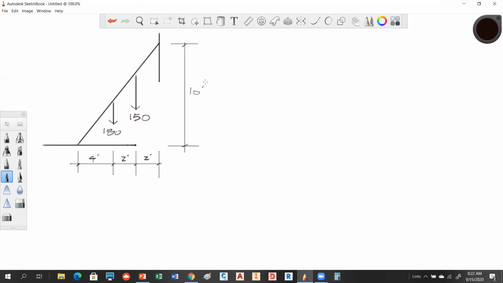I've got it loaded. Now, we have to know a couple other things. One would be the reactions. So we're going to say that this floor is rough, because if it's smooth, it's going to be able to skate this way, okay? So this floor is rough, and up here, this is smooth. So what that means is this guy's going to be free to travel. Okay. So who can tell me how we're going to set this up? If the floor is rough and the other area is smooth, what's going on there?